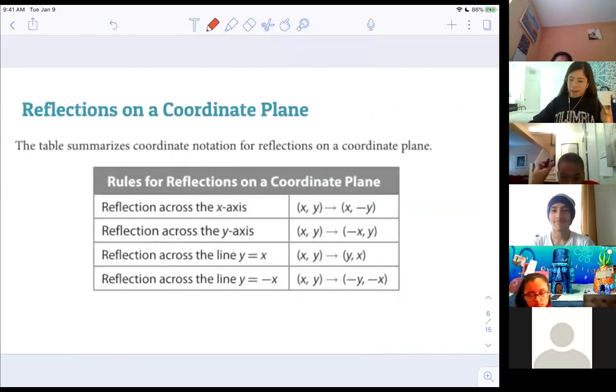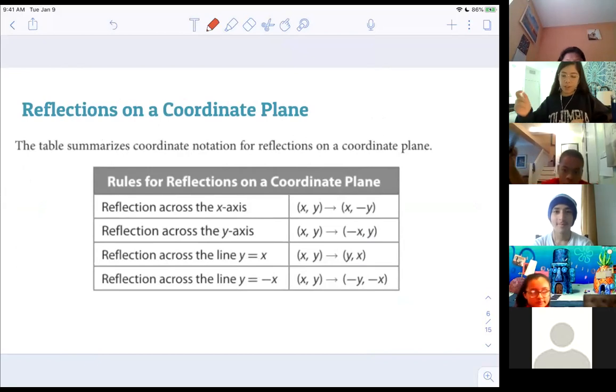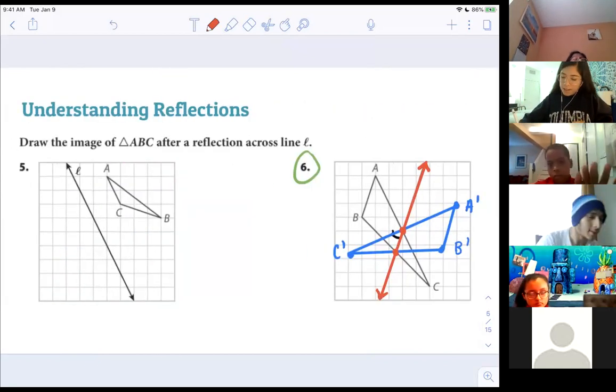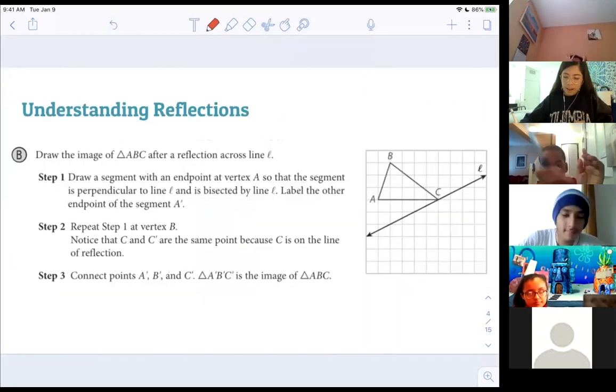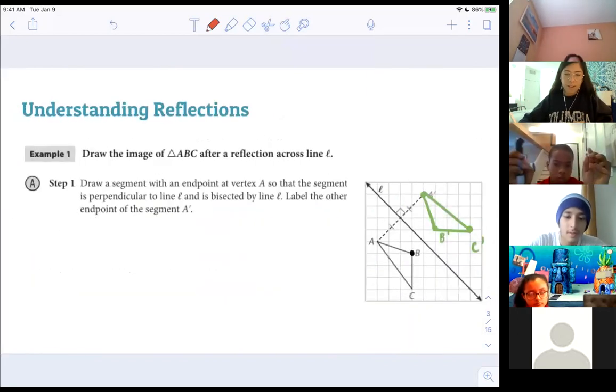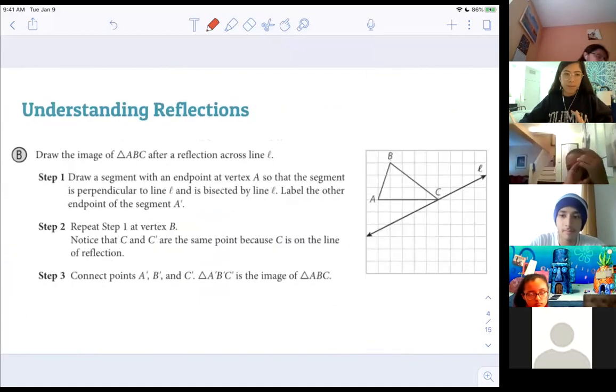All right, now we're going to use some math. So these are the rules for specific types of reflections. Notice those lines were random lines. They did not have an equation. They weren't any of the axes or anything like that. They were just random shapes on a random grid.